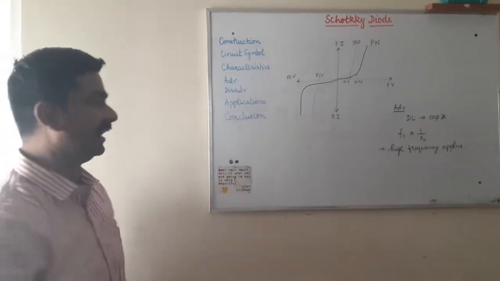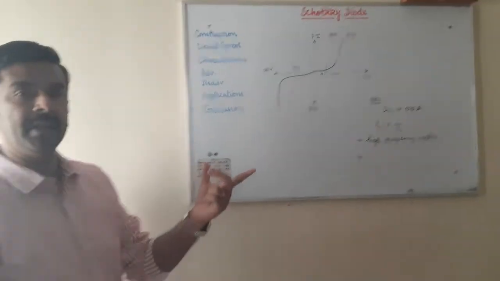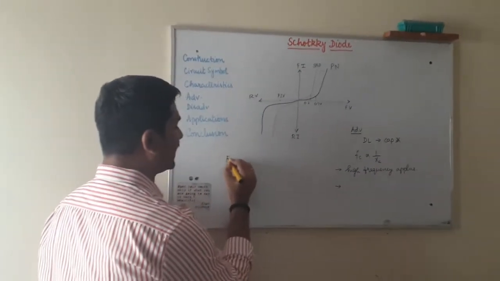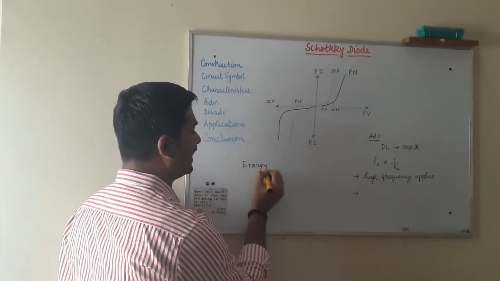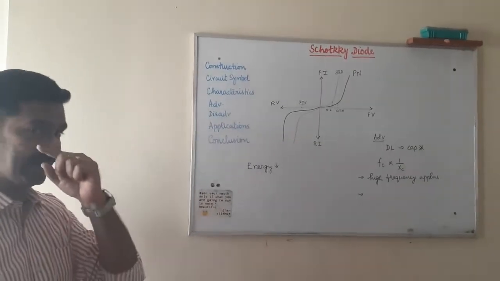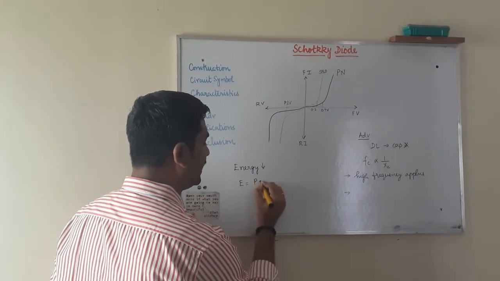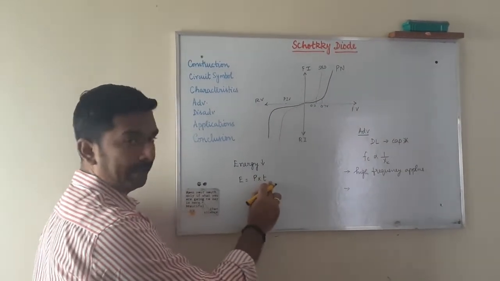ரெண்டாவது பாத்தீங்க அப்படினா, the energy dissipated by Schottky barrier diode is going to be very less. Energy அப்படினு பாக்கும்போது it is given by P into T, power into time, right?